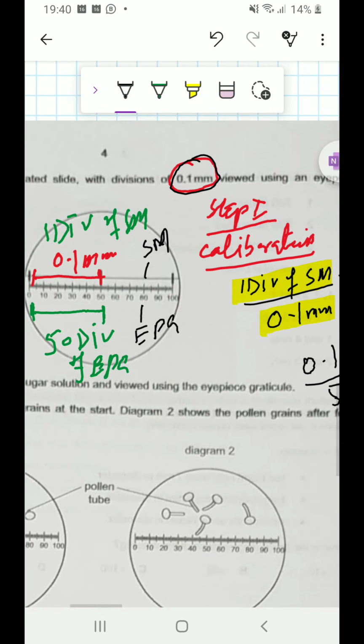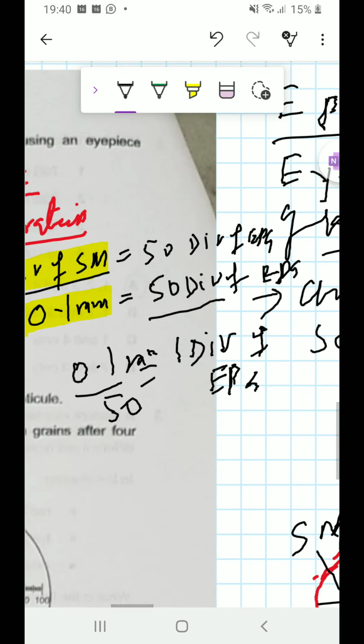So this is step one. You can calculate it. 0.1 divided by 50 gives us 0.002 mm.